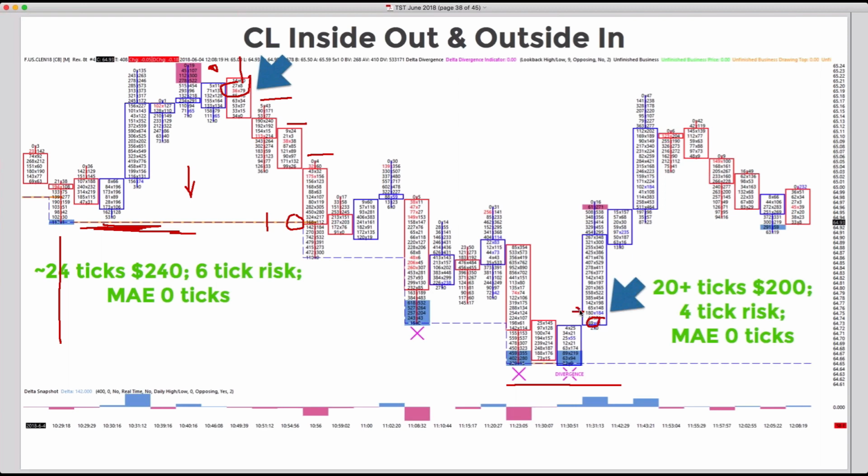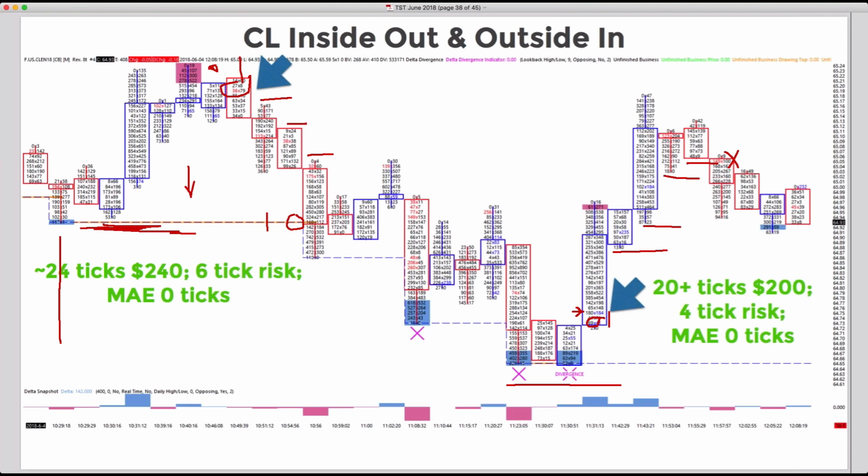We could enter with a buy stop 2 ticks above. Even if we had trailed our stop on the low of the bar, this would have been our exit at around 65.05 from an entry at 75. So easily 20 ticks, probably 30 ticks, carrying maybe 4 ticks risk on this bar.